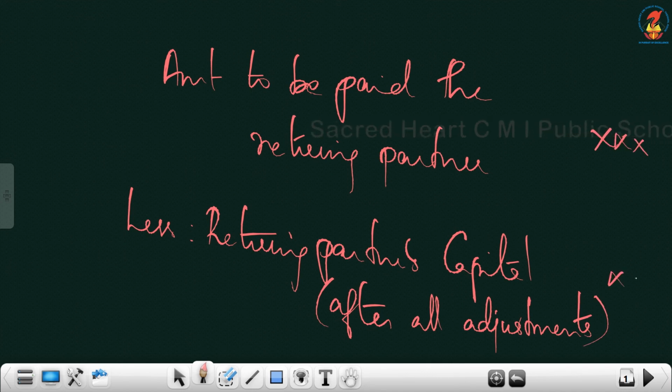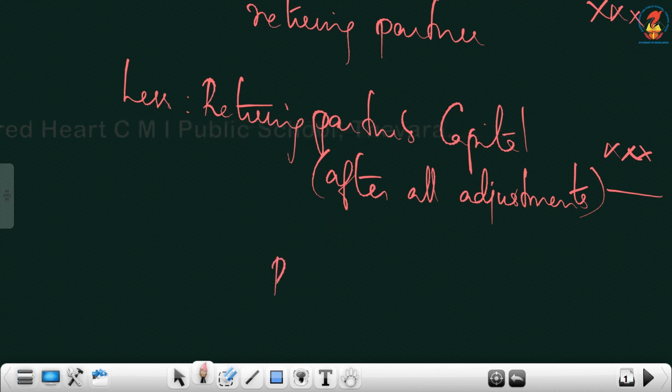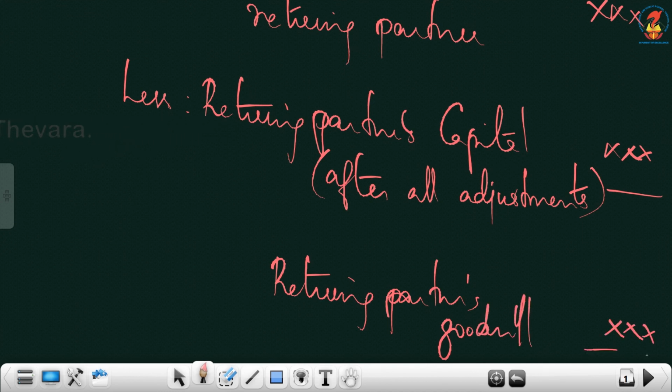Amount to be paid less retiring partner's capital. Finally the answer we get is the retiring partner's goodwill. It's not the goodwill of the firm you are getting, directly you are getting the partner's share.